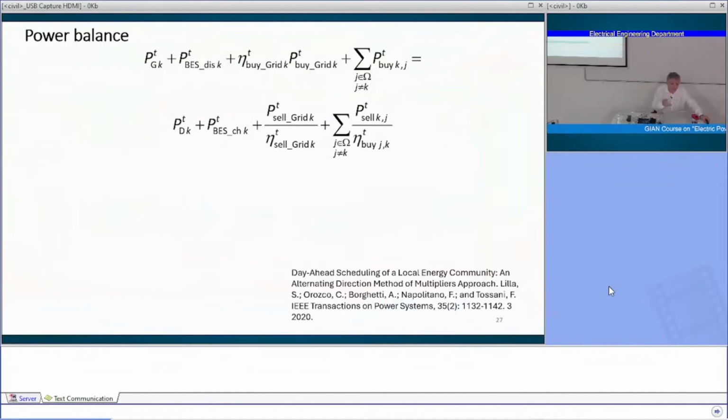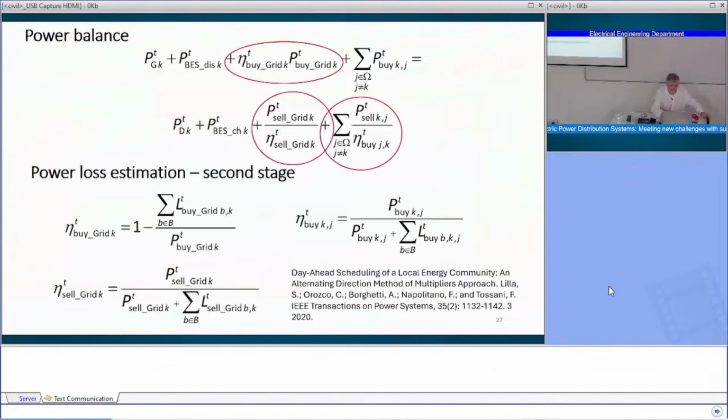So, for the second stage, a refined calculation, we can take into account the calculation of the first stage, and the calculation of the first stage gives a sort of efficiency of each transaction. So we can associate to each transaction, to the grid, and to other prosumers, some kind of losses. The losses divided by the power that is transmitted and so on gives an efficiency of this transaction.